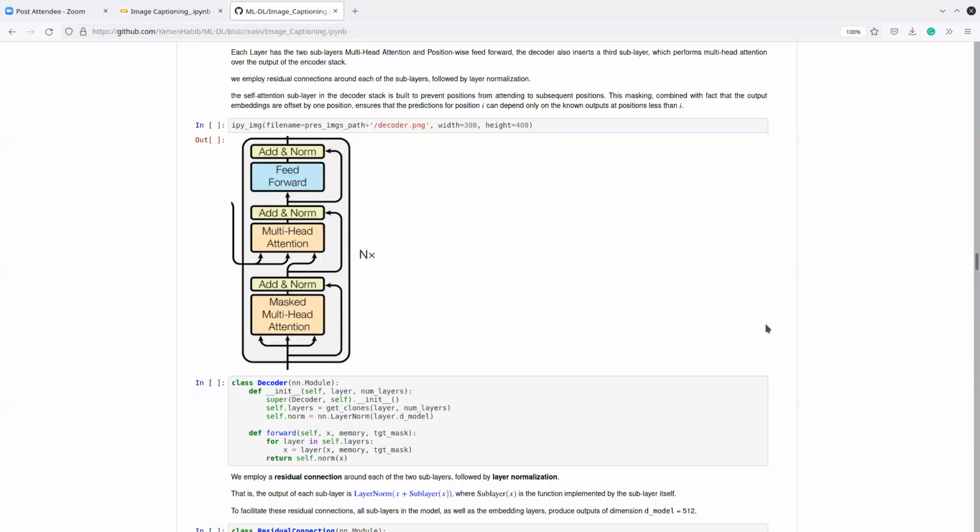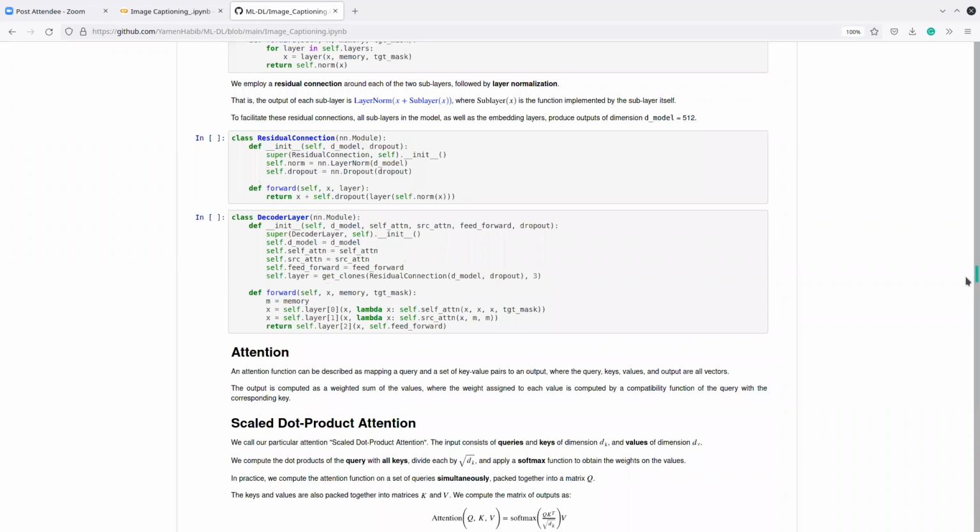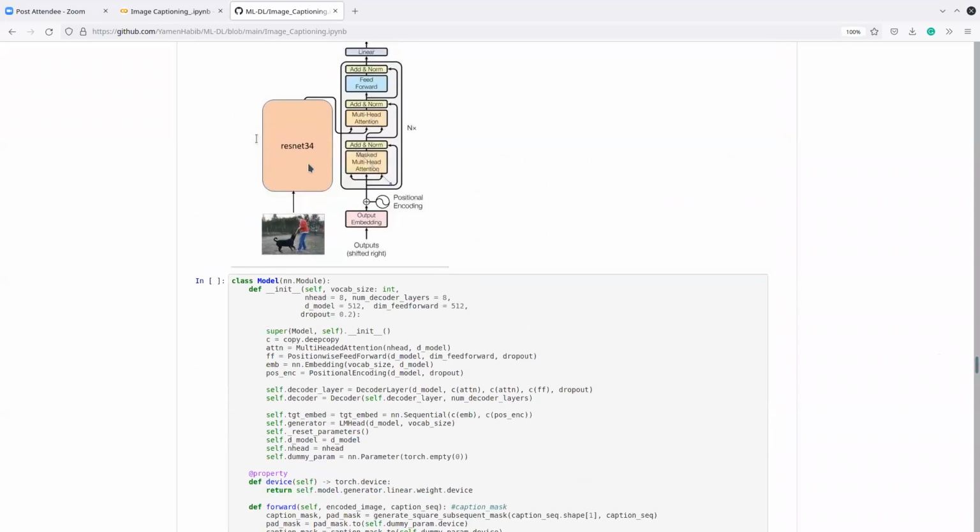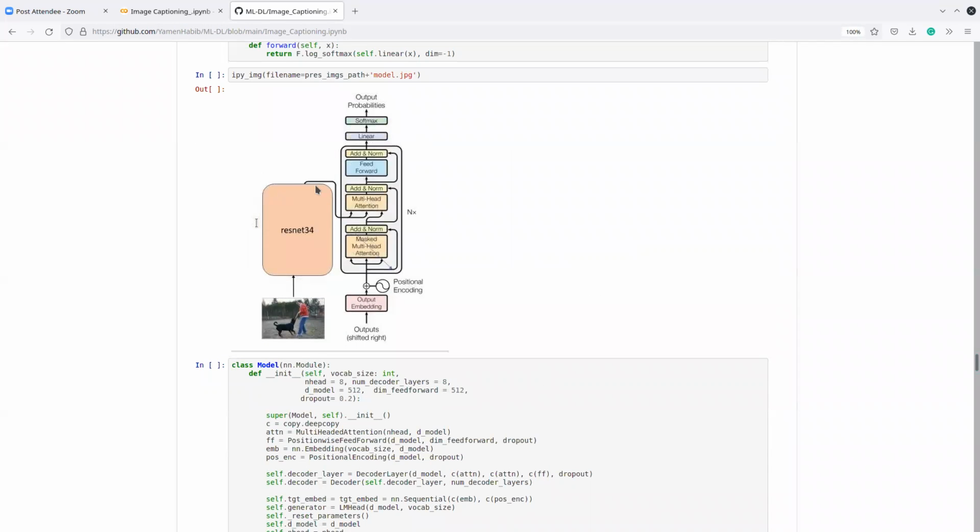Also, another idea to improve our model. I wished I had time to do it, but the training takes so much time. I saw that other engineers put an encoder stack after the ResNet. After the generation of the feature vector, the output of the ResNet, they use it as an input for the encoder of the transformer.